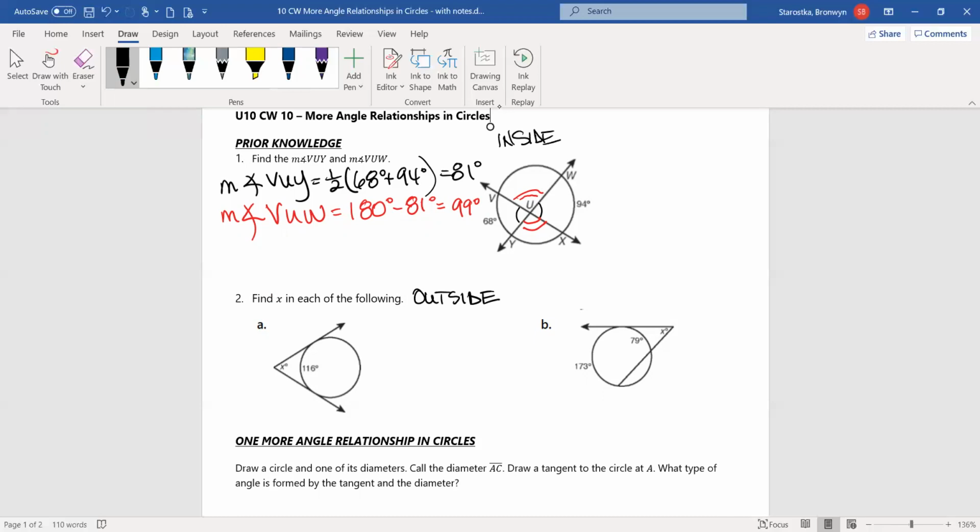For A, this is that one circumstance where you've got two tangents. And so this arc here is 360 degrees minus the 116, and that equals 244 degrees.